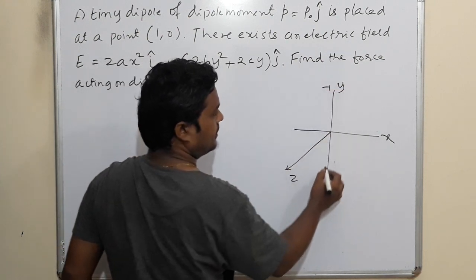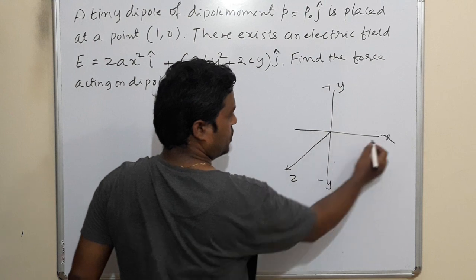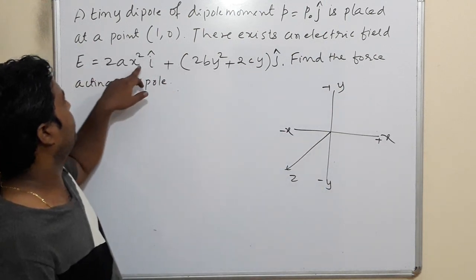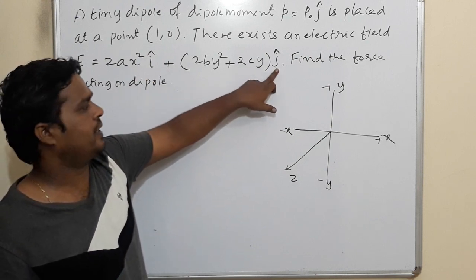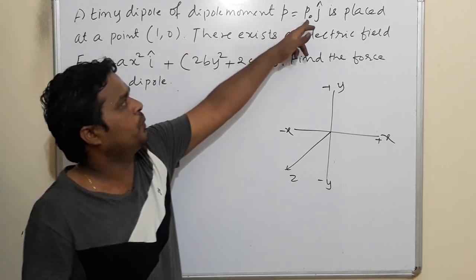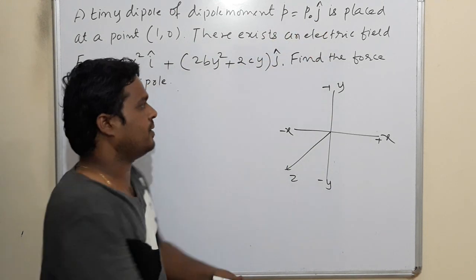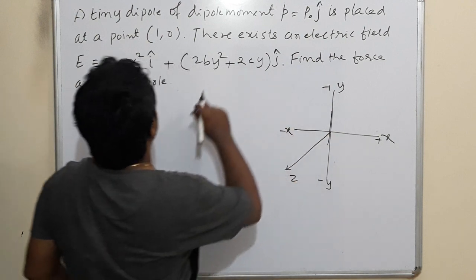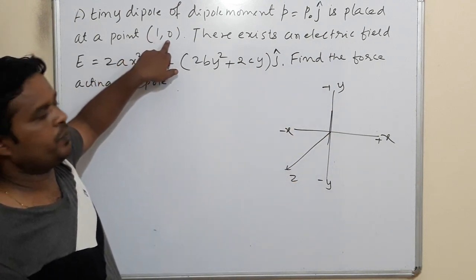Positive y, negative y, positive x, negative x. Field is along the x axis and along the y axis. Dipole is along the positive y direction. So I place the dipole like this, at the point (1, 0).